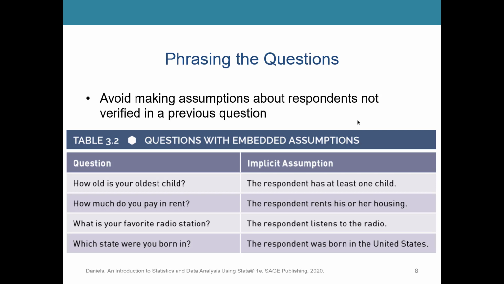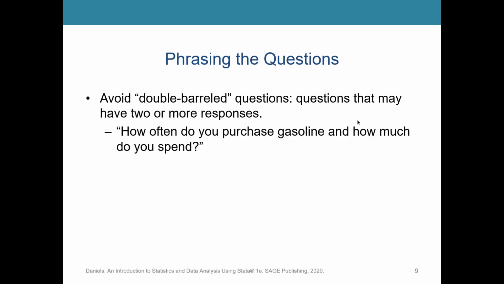And the way we're going to do this is we're going to write our survey questions and we're going to peer review it. We're going to send your survey to different people and everyone will look at your survey. And usually we catch this stuff. The other thing you want to avoid, another problem, is called double-barreled questions. Questions that may have 2 or more responses. Here's a great example.